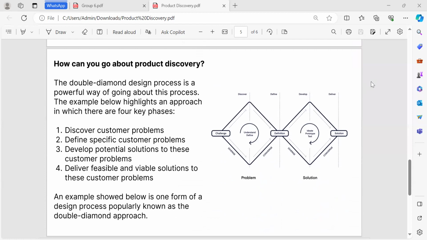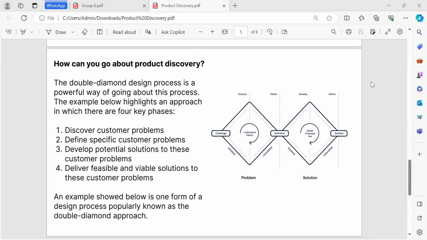So let's go through the steps about how you can do the product discovery. The double diamond design process is a powerful way of going about this process. So first, step 1 is discover customer problems. This can be done in many ways. There are user research methods, so we will talk about it in the ahead videos. Then the second step is define specific customer problems.